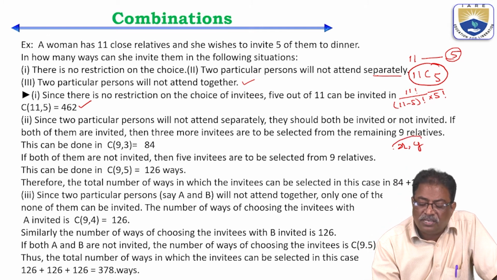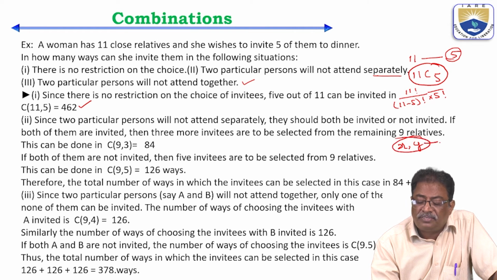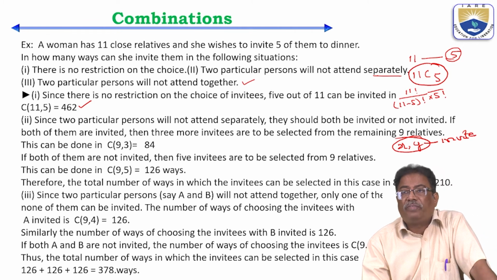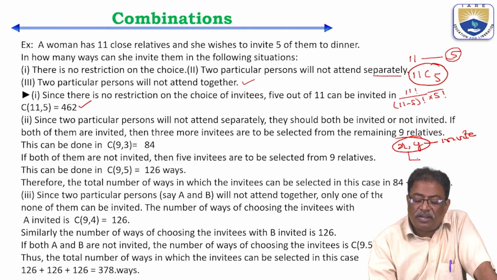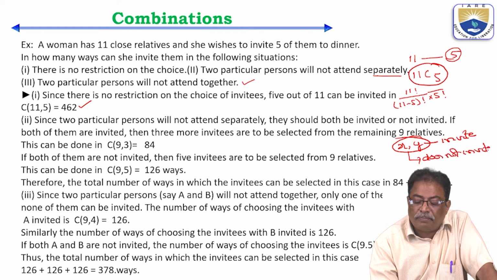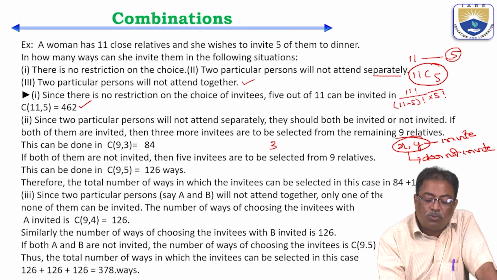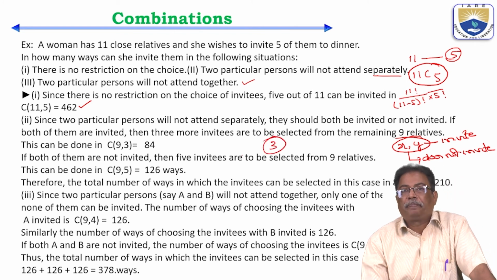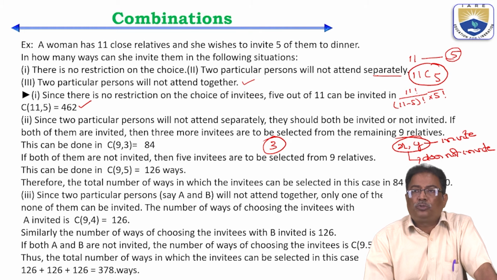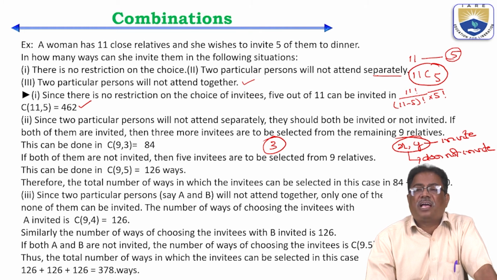So in the first case, the woman invites both of them, and in the second case she does not invite both of them. Suppose she invites both of them, then she has to select only the remaining 3.